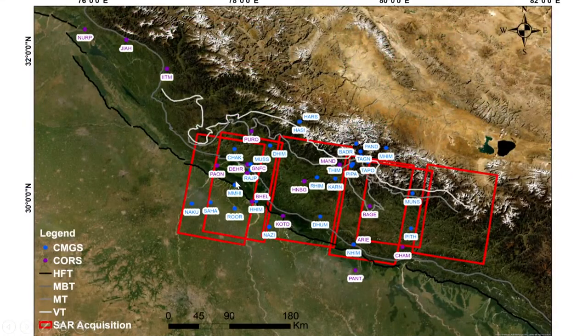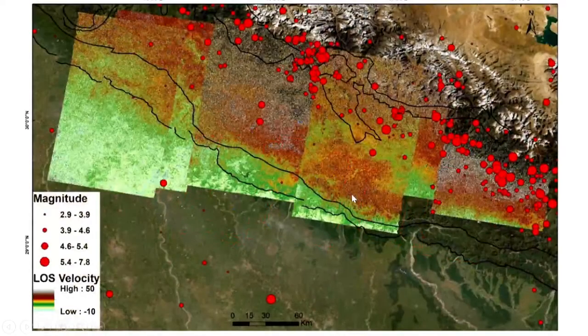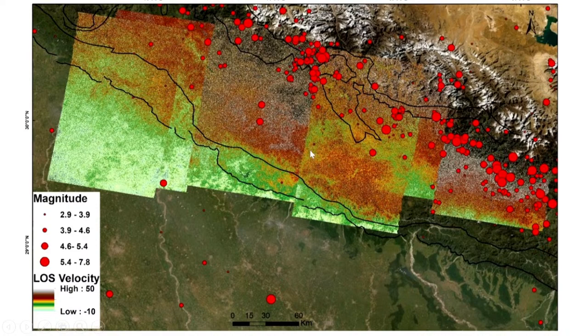So this is the present study which we are attempting using the SAR data. We are now modeling this data with the help of the posterior probability distribution function to characterize the seismic hazard of this region.